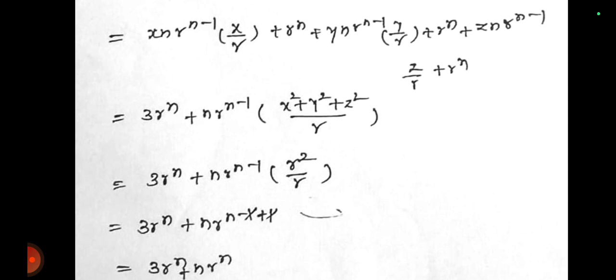That is equal to 3 r to the power of n plus n r to the power of n minus 1 into x square plus y square plus z square by r, which is 3 r to the power of n plus n r to the power of n minus 1 into r square by r. This gives 3 r to the power of n plus n r to the power of n minus 1 plus 1, that is, 3 r to the power of n plus n r to the power of n.